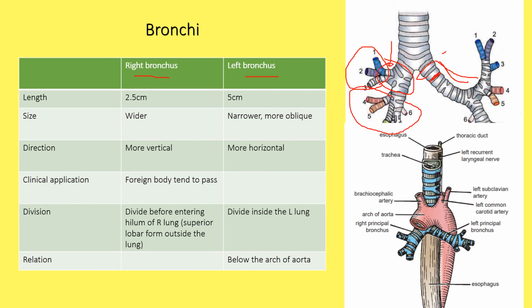For the left bronchus, it all divides inside the lungs. The other important relation for the bronchus is the aorta, whereby the left bronchus is located below the arch of the aorta.